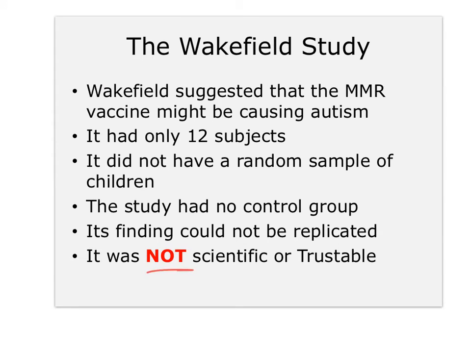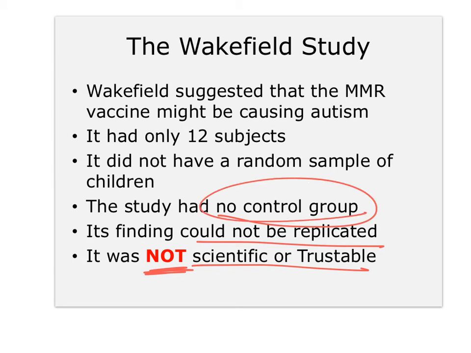See? Not scientific. Could never be replicated. Had no control group. No random sample. It was kids that they already thought had autism. Ugh, so sad that it's just undermined vaccines in this country, that kids are put in danger for absolutely no reason.